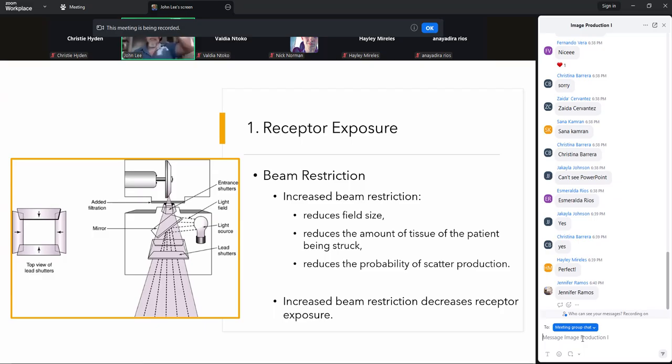We're going from, hopefully, about a 7, maybe 8 by 17 down to hopefully at least a 9 by 9 for the spot. So that big reduction in area that we're exposing is going to cause us to have to increase our technique.